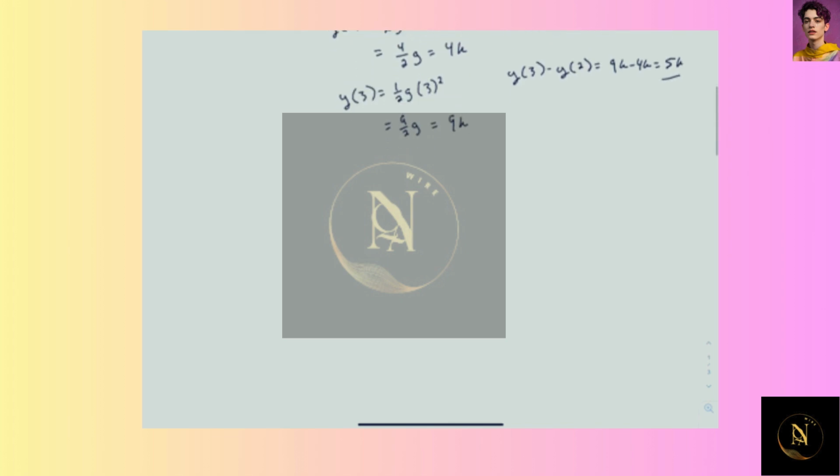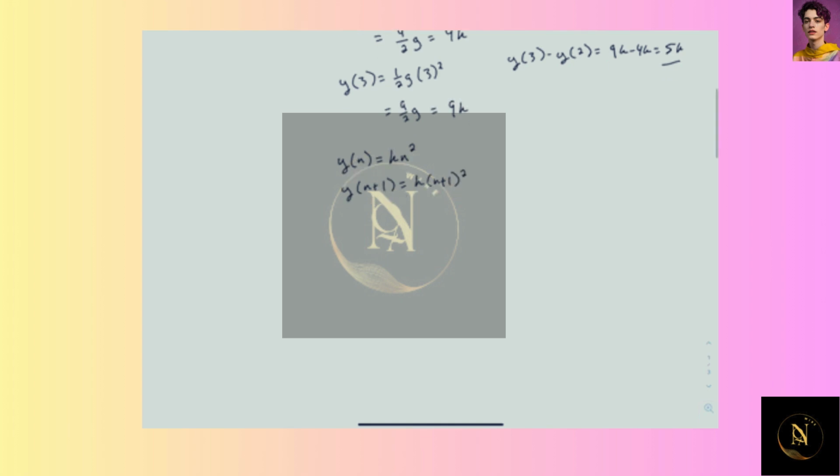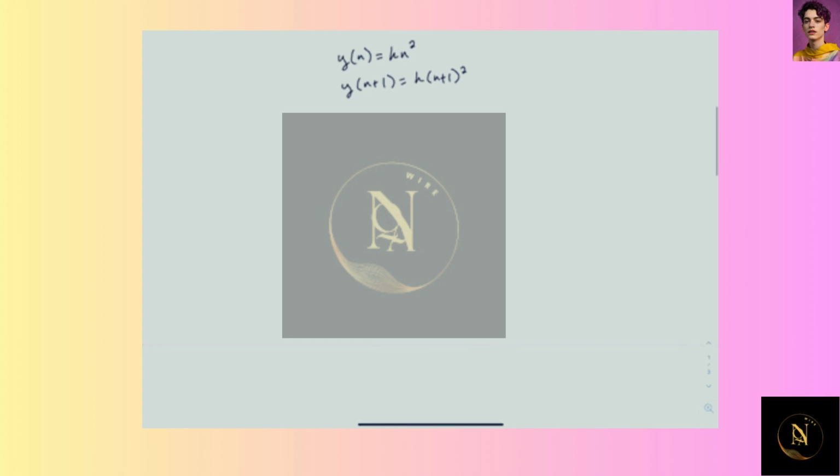we can do this for any yn. It's going to be k times n squared. And y of n plus 1, the next second, is k times n plus 1 squared. And the distance traveled between y of n plus 1 and y of n is k times n plus 1 squared minus k times n squared.